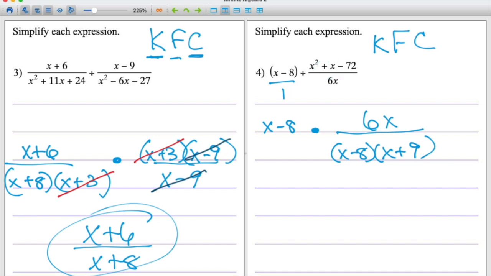So I'm going to start canceling. I will have the negative 8's right there, and I'll be left with just 6x over x plus 9. You could write the parentheses if you desire, but you don't need to.